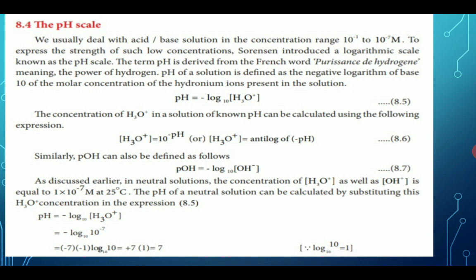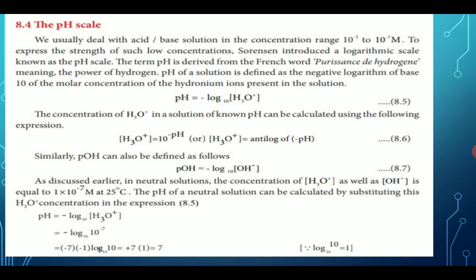The first one, pH scale. We usually deal with acid or base solutions in the concentration range from 10 power minus 1 to 10 power minus 7 M. To express these concentrations, Sorensen introduced a logarithmic scale known as the pH scale.